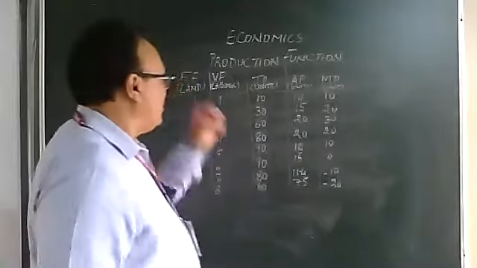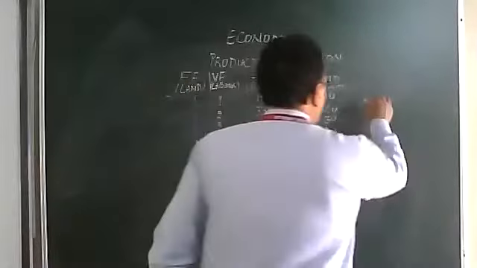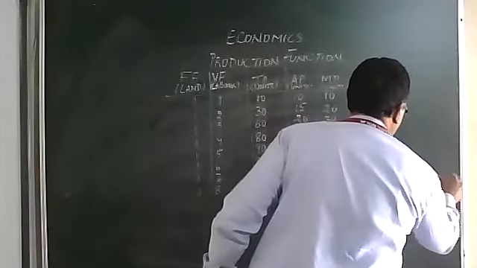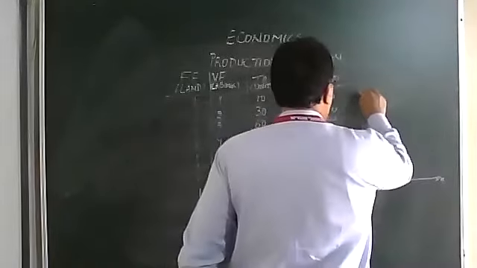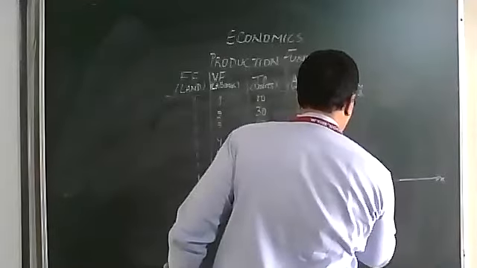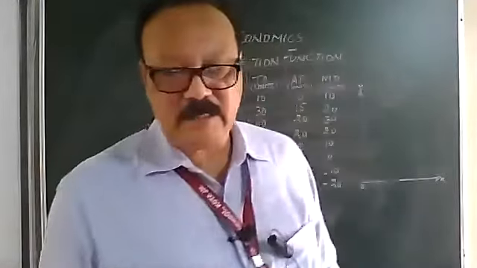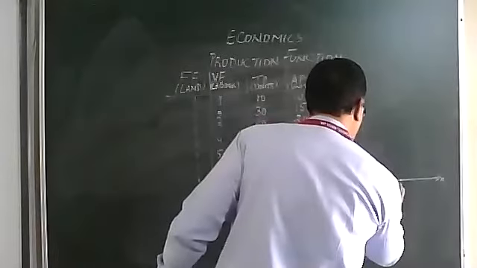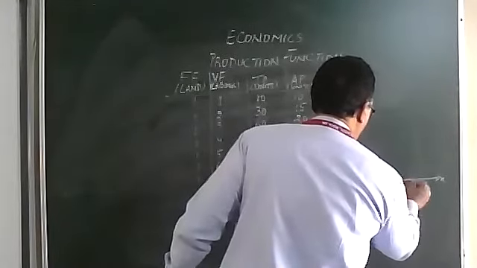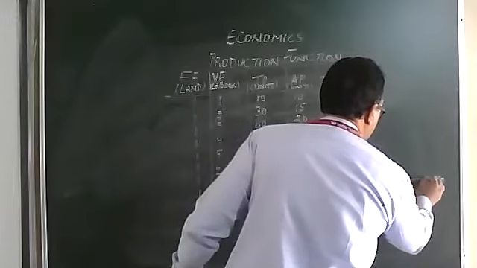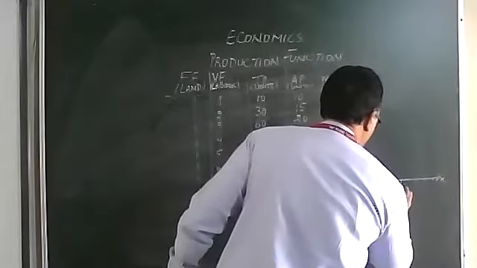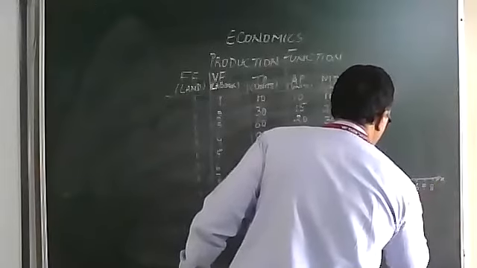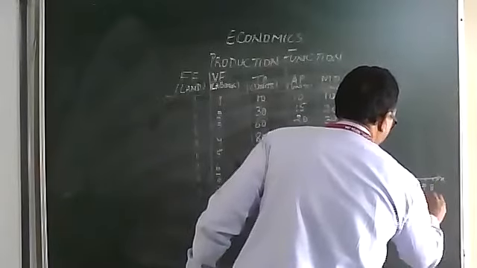Now let us convert this into a diagram. On the x-axis we take the units of labor, that is 1, 2, 3, 4, 5, 6, 7, 8. This is the variable factor we are taking: labor.